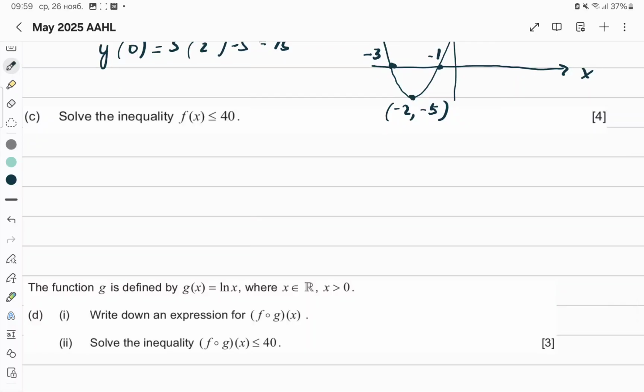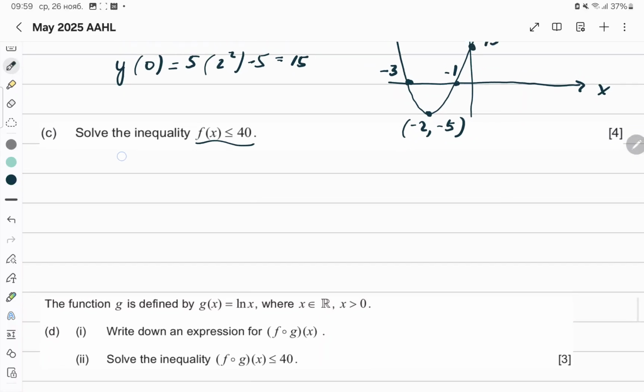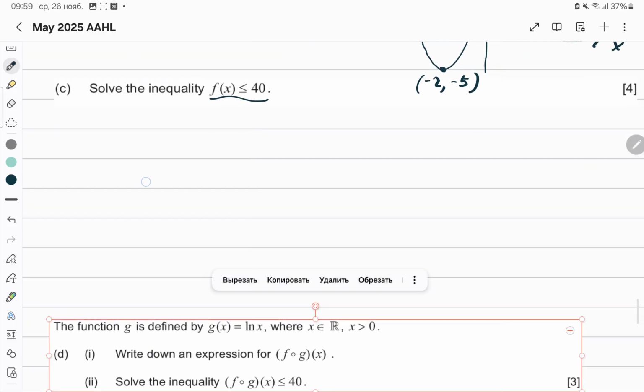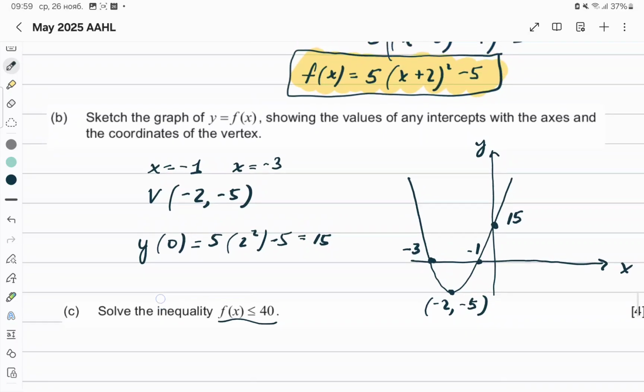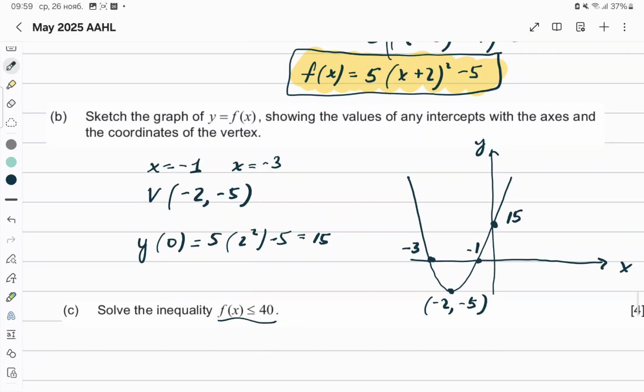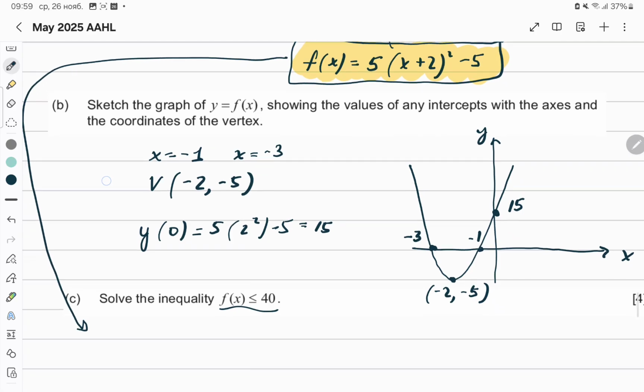Solve the inequality f of x is less than or equal to 40. It means that we should write the equation of the quadratic function in any form. Let's use this equation, and on the right side we are going to put 40: 5(x plus 2) squared minus 5 less or equal than 40.